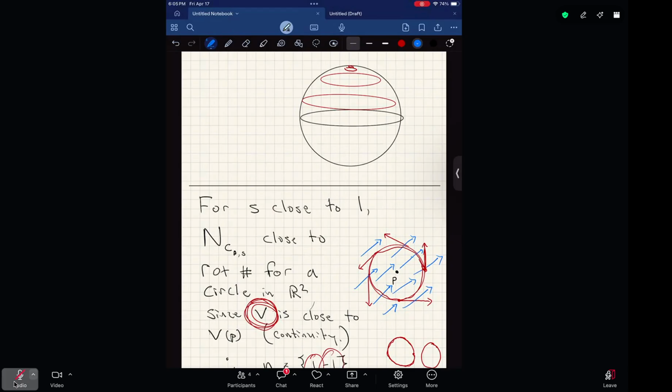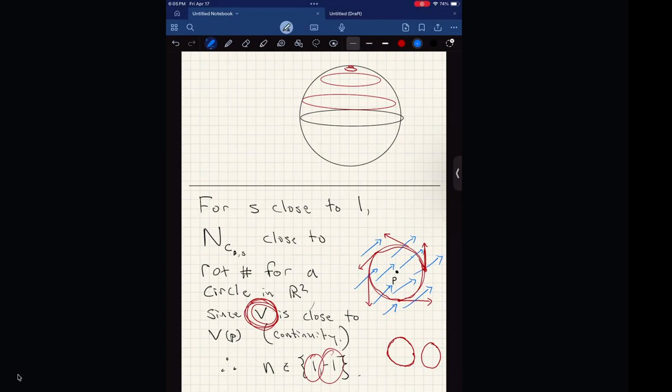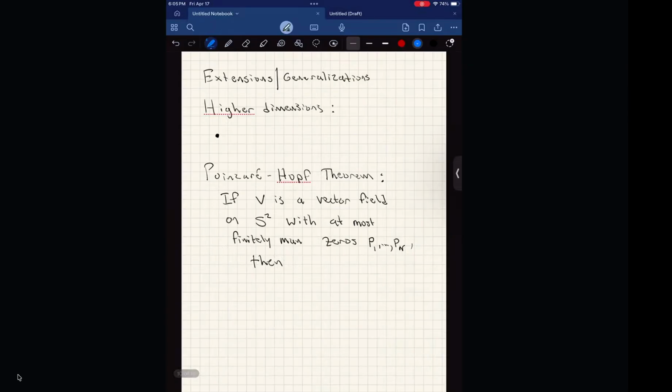Yeah, that's a good question. I've heard of the Lusternik-Schnirelmann category before, but it's never come up for me. One of the things I had on the next slide was a more general perspective, which is a little bit different: the Poincare-Hopf theorem, where you still have a compact oriented manifold. So this wouldn't allow R2.